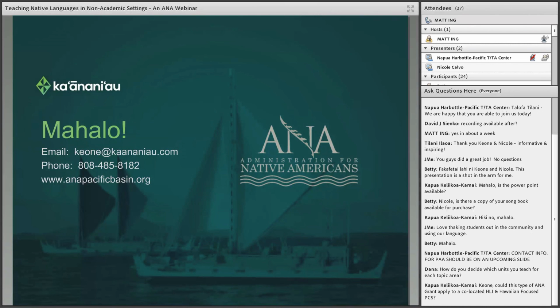As long as the participants are from these groups, then it can be applied to that. It's not so much the program itself, it's the participant pool.